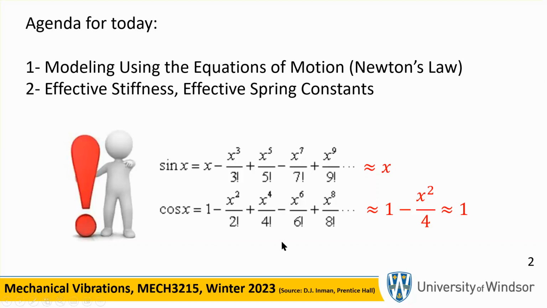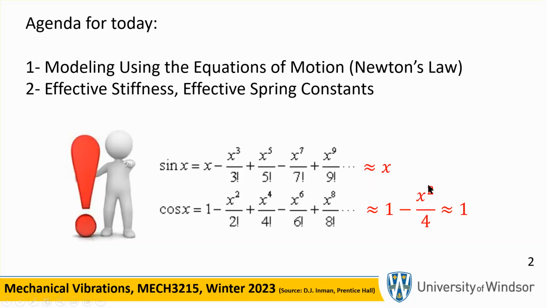Now, cosine of x has this Taylor series expansion that you see here, okay? And if I keep the first two, because these are all a lot smaller than x itself, and if I drop all of these, I get that expression, but this is still a nonlinear expression.